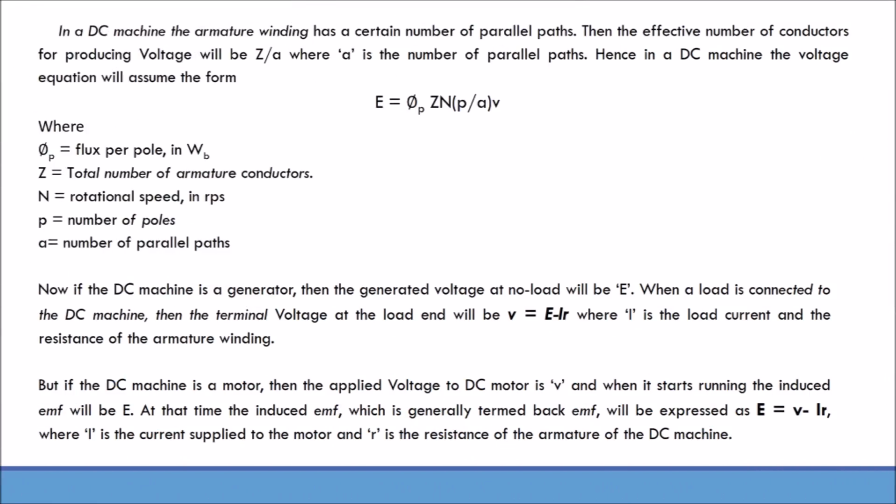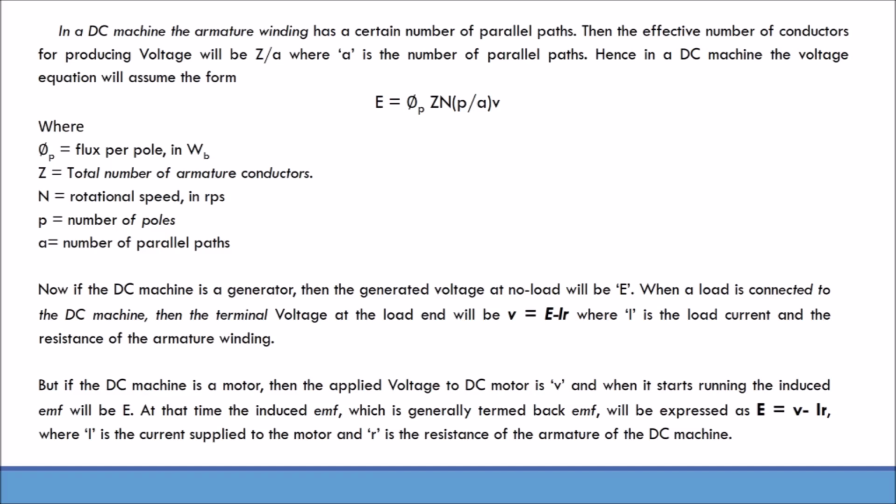In a DC machine, the armature winding has a certain number of parallel paths. Then the effective number of conductors for producing voltage will be Z divided by A, where A is the number of parallel paths.